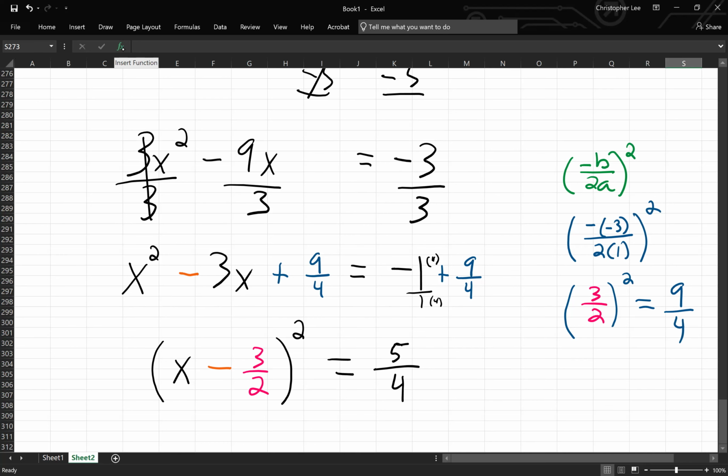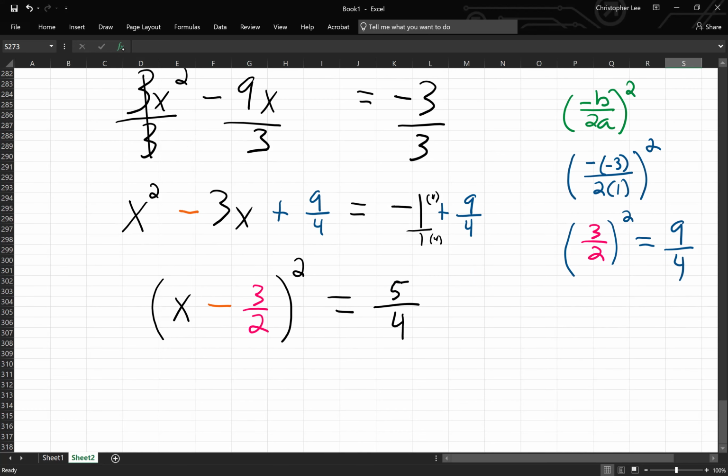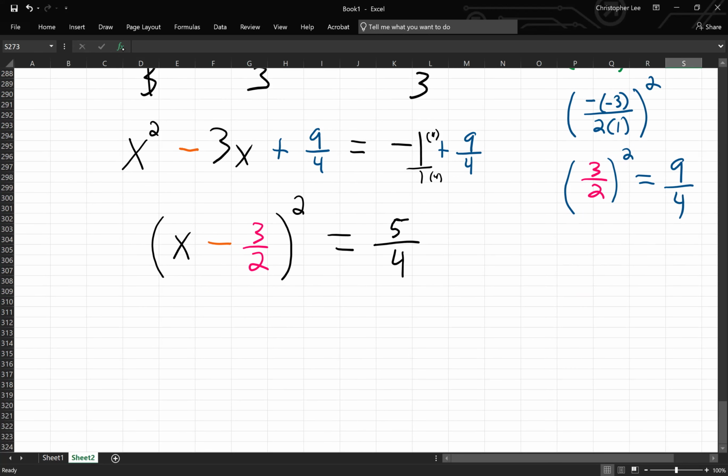Now that I got this far, right, I want to solve for x. So I want to get rid of that square term. So what am I going to do? I get rid of a square. Radical, right? So I'm going to do the square root over here. But what I do to one side, I got to do to the other, right? This cancels out. So what do I have now?